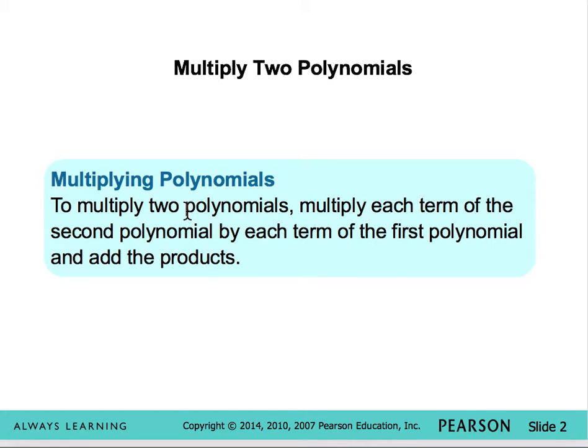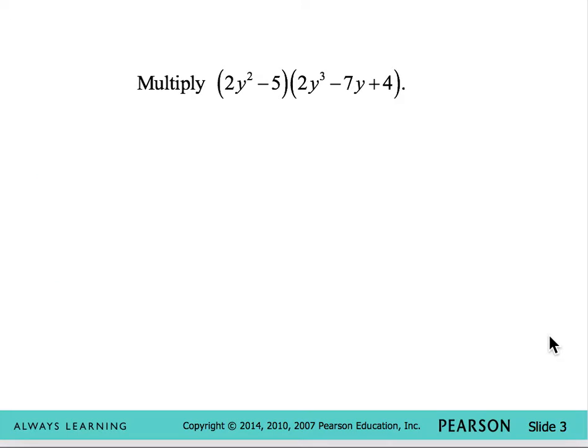Okay, so if we're going to multiply something besides a monomial, all we do is multiply each term in that polynomial times every term in the next polynomial. For example, if I'm going to multiply a binomial times a trinomial, I'm just going to multiply this 2y squared times every one of those, just like we just did.